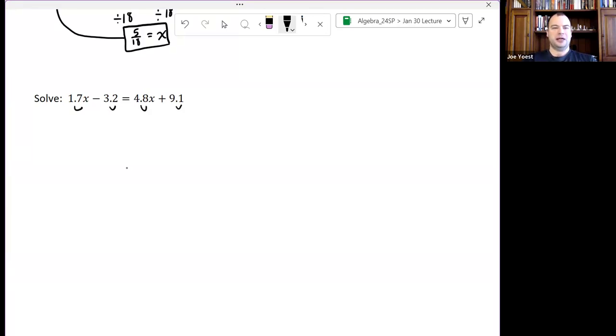If I were to multiply each of these numbers by, say, 10, that would bump each of those decimal points one to the right. And then I'd be able to work with whole numbers or integers instead of decimals. That might make things a little easier for me. So because I only have one decimal place maximum, I'm going to choose to multiply by 10 on both sides.